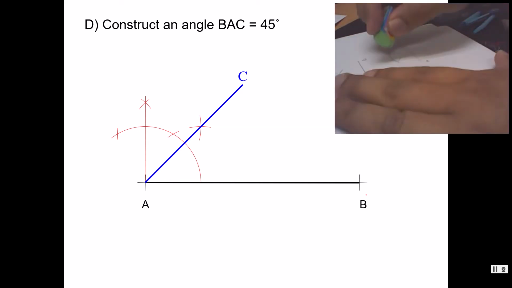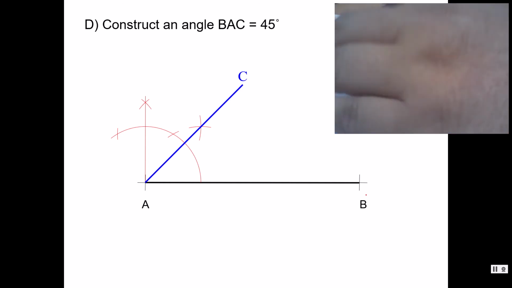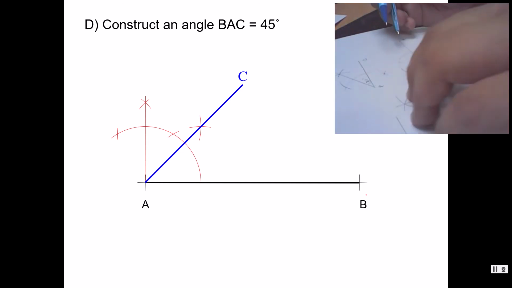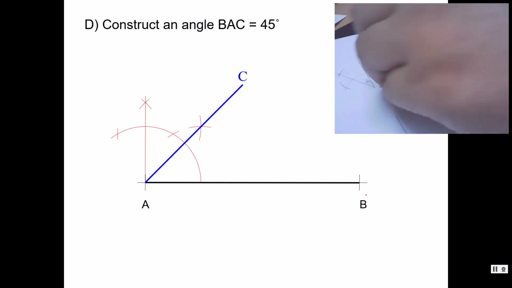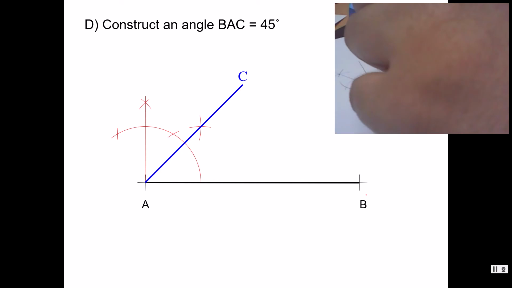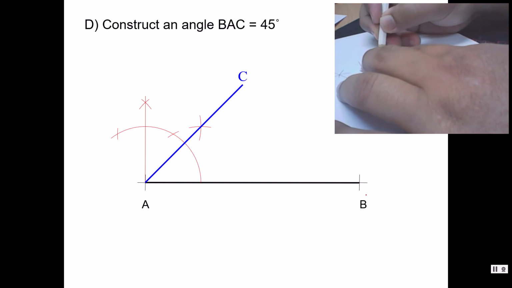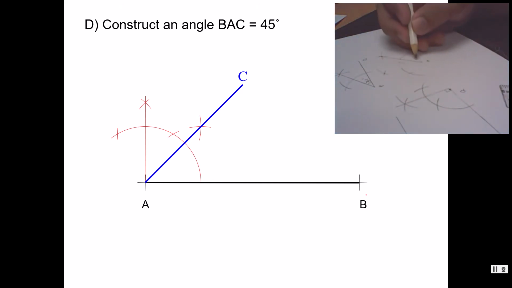Maybe the distance is not really that long, so I'm just going to extend the distance from here to be something like this, and then from this point like this, so that we get this point, in which if we draw a line to point A, this is a 45 degree line.